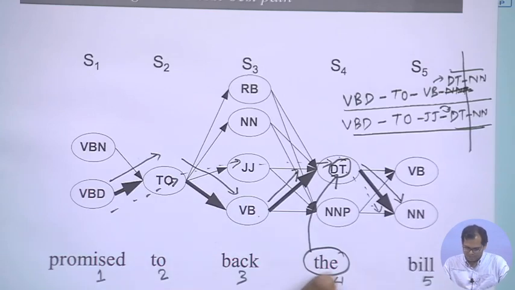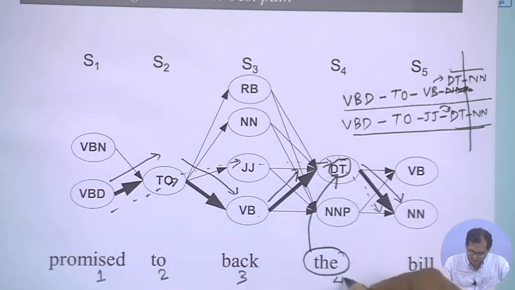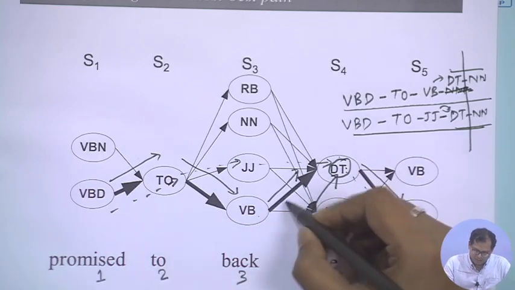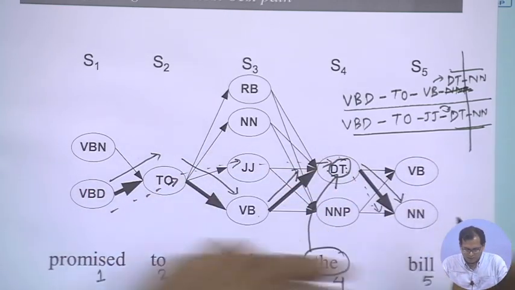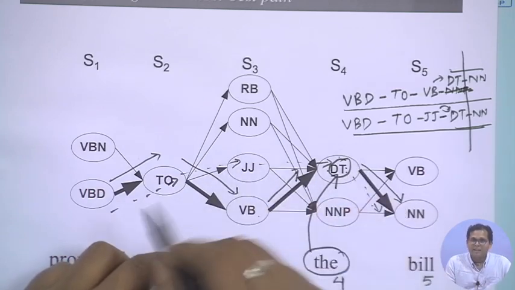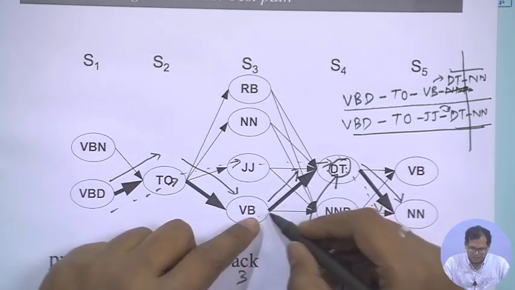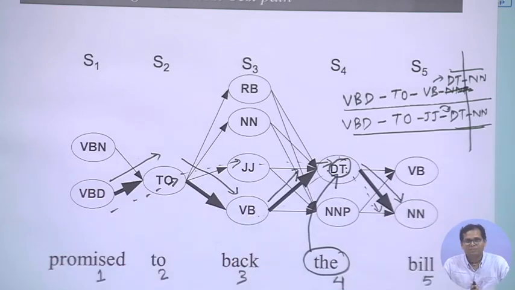So in this example, once I store at step 4 for DT that the best way is coming from VB and not from JJ, when I go further, I need not worry about this path at all. I can simply continue with this path, okay?